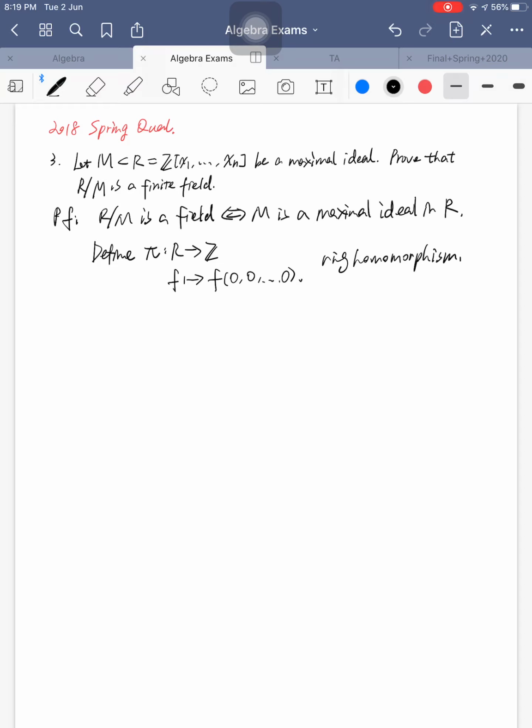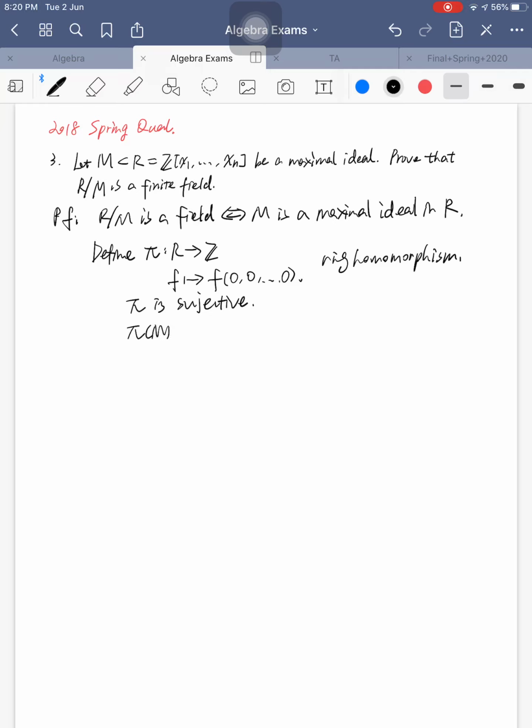And first of all, we know that pi is surjective, because this evaluation map just sends every polynomial to its constant term, and for every integer we can find a polynomial whose constant term is this integer.